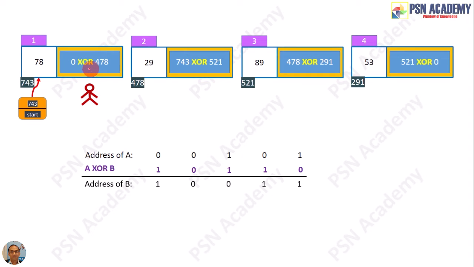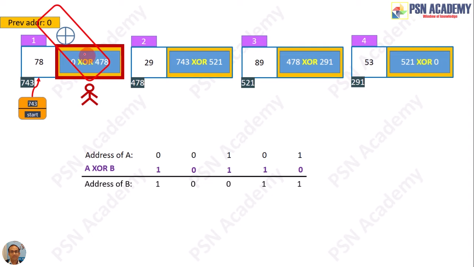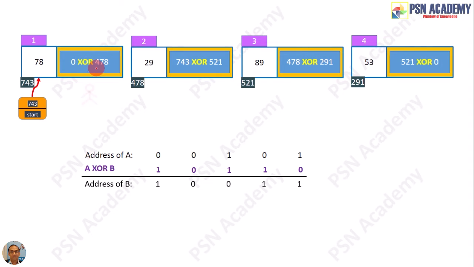Now, if you want to move from this node to the next node at 478, then you arrange the previous address, which is of course 0, and you perform the XOR operation with this XORed value that has been stored previously, and you will get the address 478 as a result, right? So you can move from this node to this node.